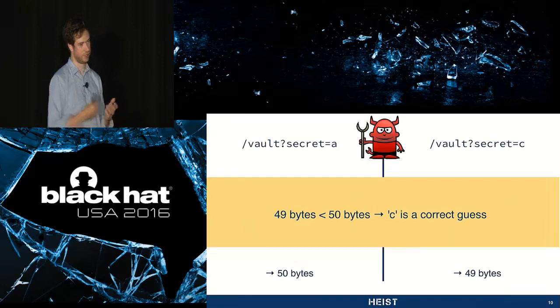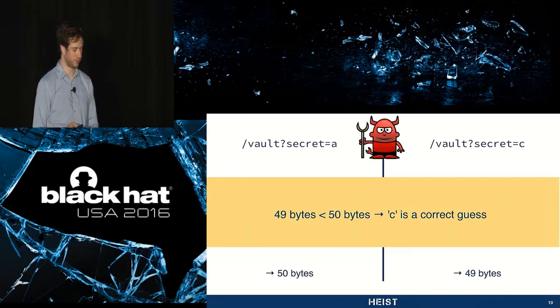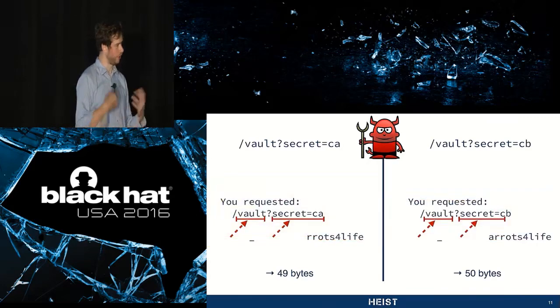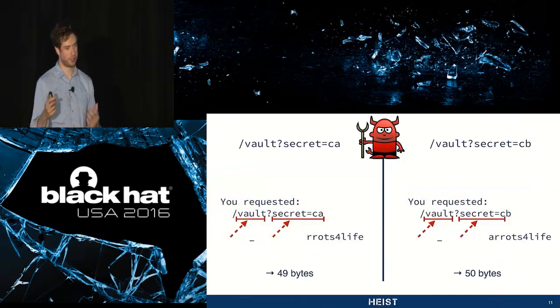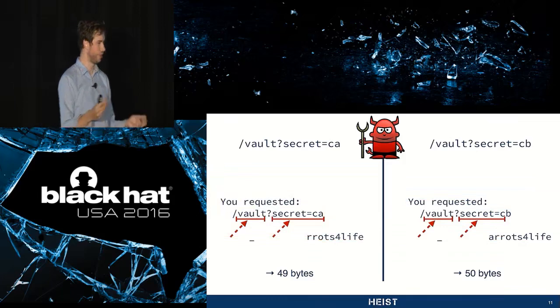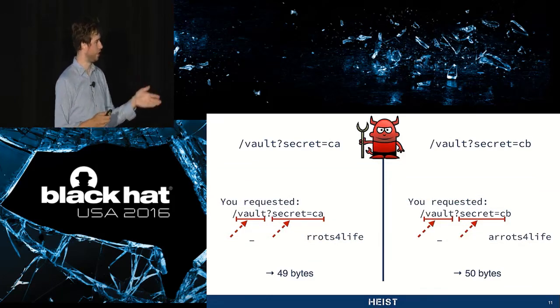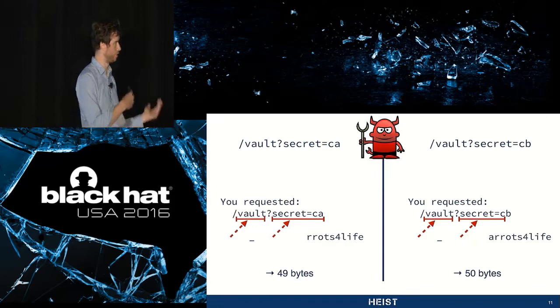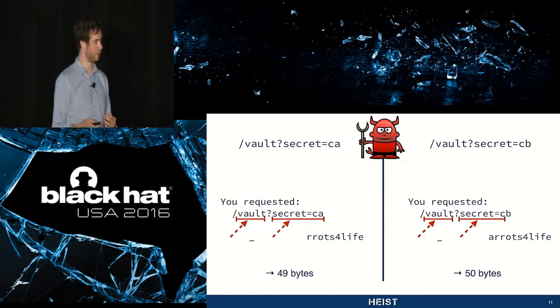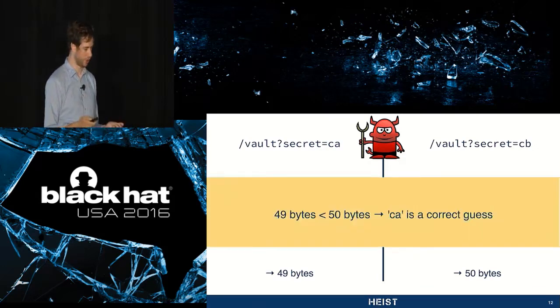So that means that the character C was the correct guess. And basically you can keep on repeating this and try to brute force the secret character by character. So then he guesses CA, which compresses to 49 bytes, and CB, which is 50 bytes. Because CA is smaller, he knows that that is a correct guess.